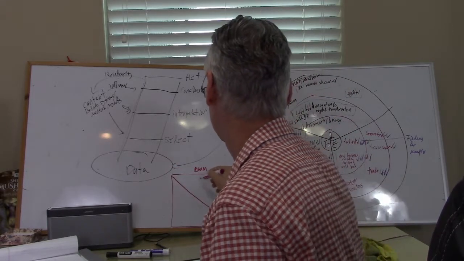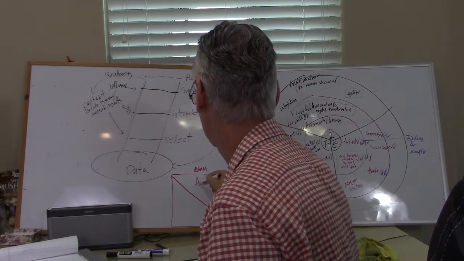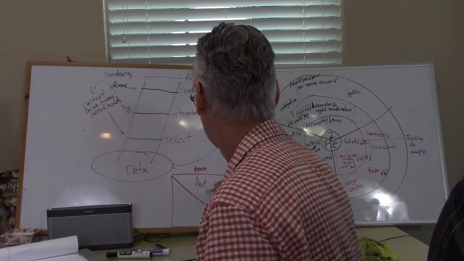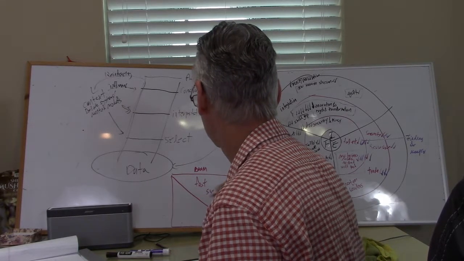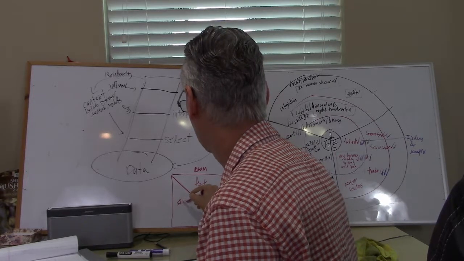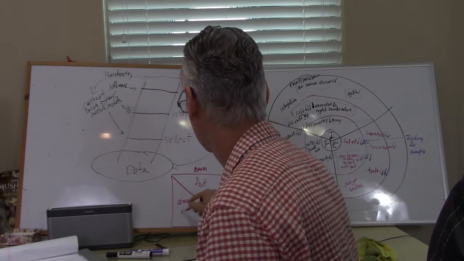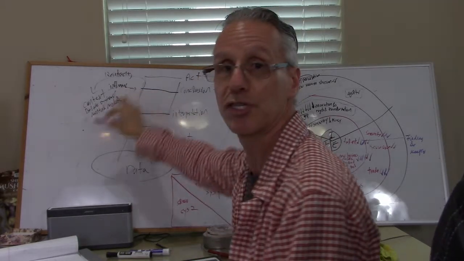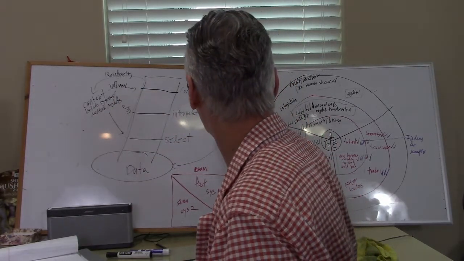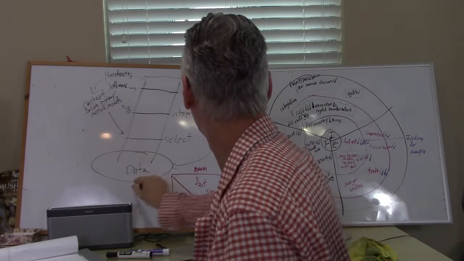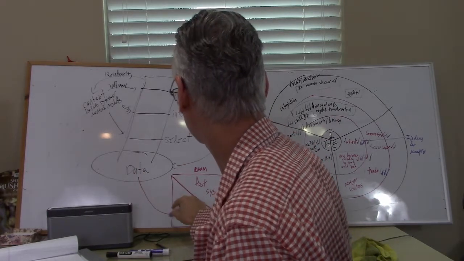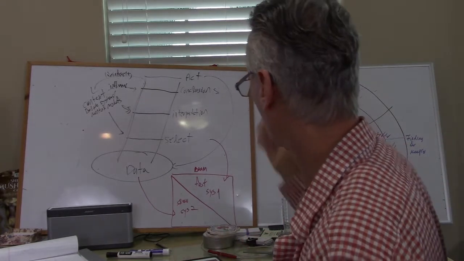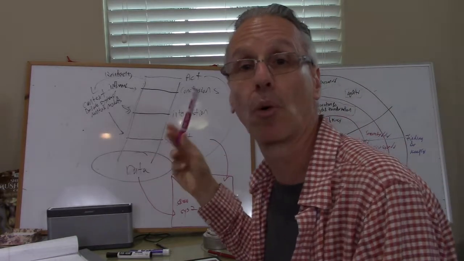There is the fast, which is also called system 1, and there is the slow, which is also called system 2. Now everything that you see here can happen in either the fast or the slow.